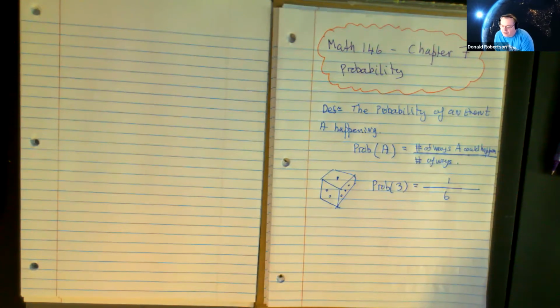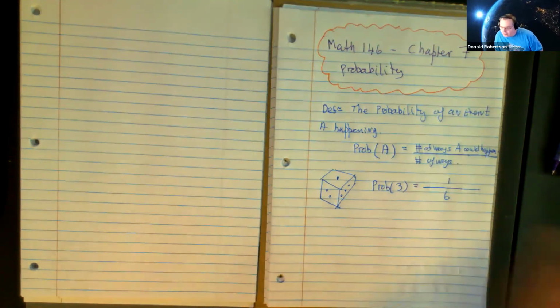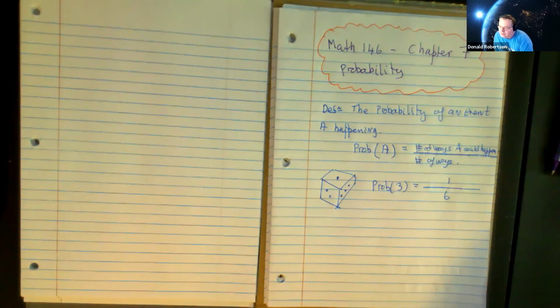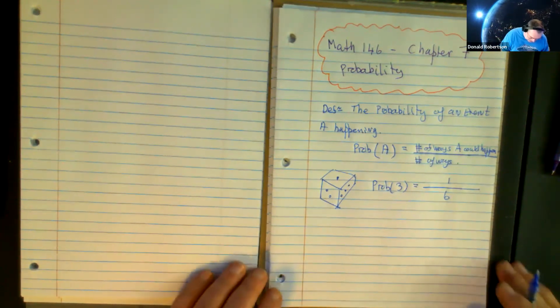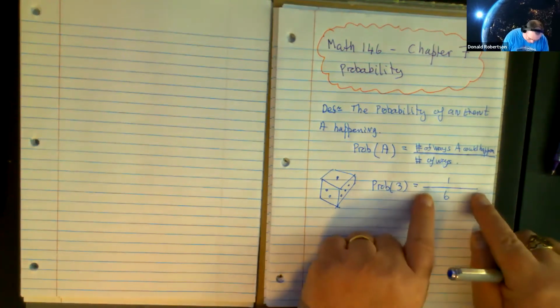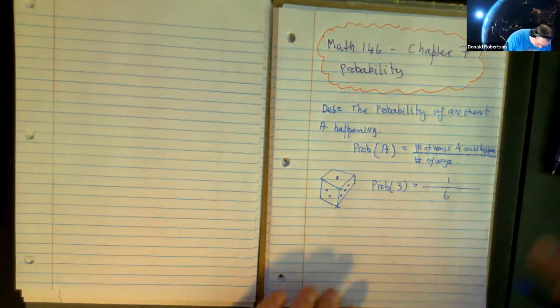And you can think of that in lots of ways. Can you think of it like 1/6 of the time? If I did it lots and lots of times, wouldn't 1/6 of the time probably be a 3? Now we have 3 different ways to express 1/6. That's a fraction.